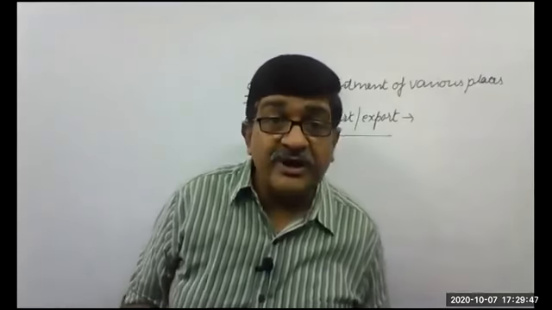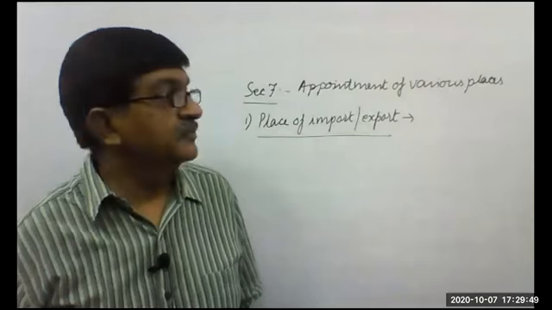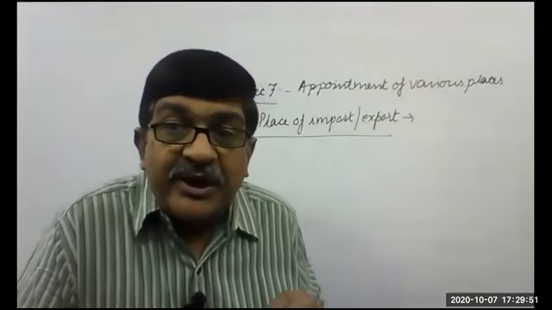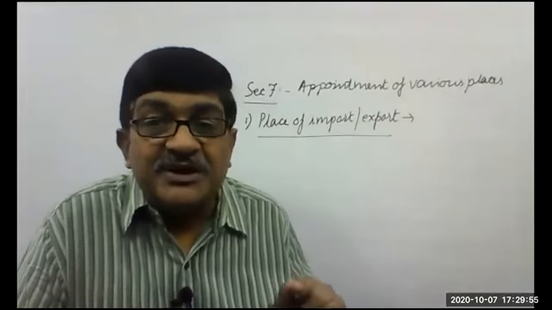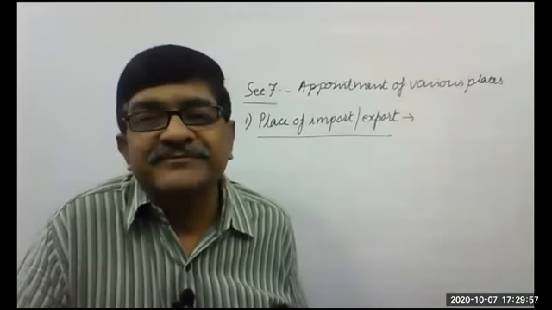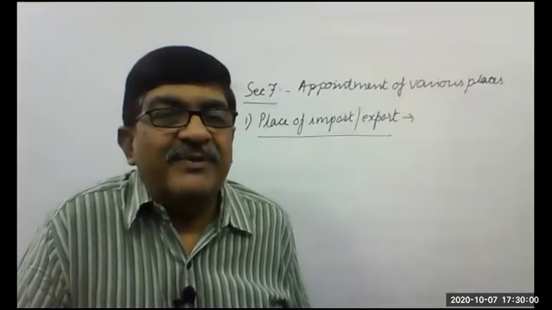Now, before we proceed, let me ask you one question. What is the applicability of the provisions of this Act on the travel of passengers between India and outside India? What is the applicability?